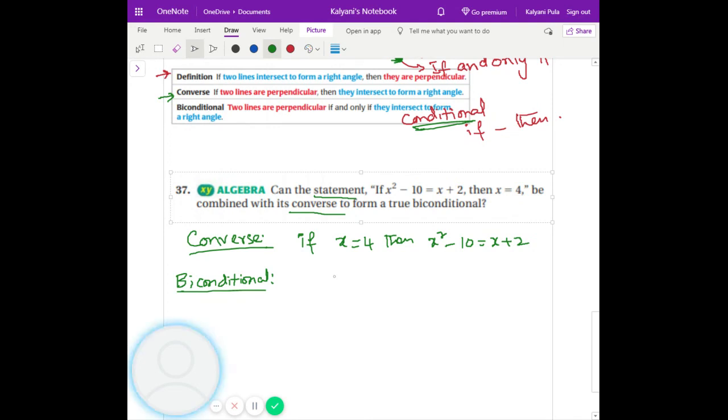You use the same thing, but you write it with if and only if: x equals 4 if and only if x squared minus 10 equals x plus 2. That's it. Does that make sense?